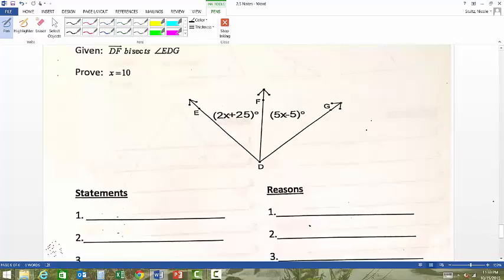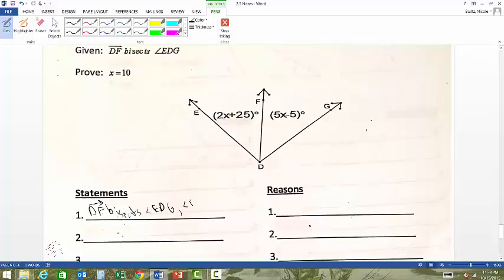All right, so last proof. Segment, or looks like ray BF bisects the angle. So I'm going to write that as a given. I also have 2 more given things. Not up here, but in the picture.